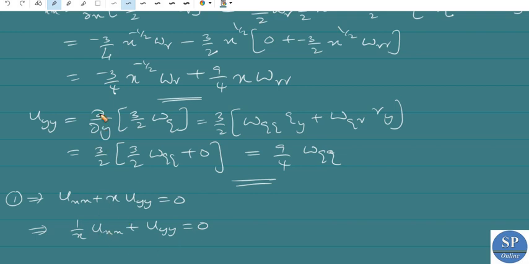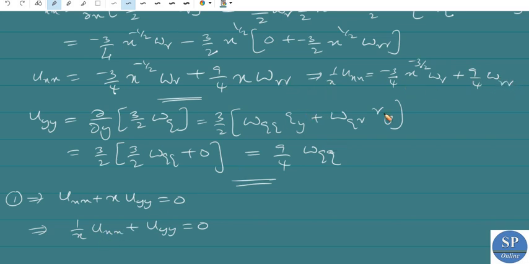For this, we have u_xx equal to this, so from this we get 1 by x into u_xx, where we divide throughout by x, so minus 3 by 4 into x power minus 1 by 2 minus 1, that is minus 3 by 2, into w_r plus 9 by 4 into w_rr.